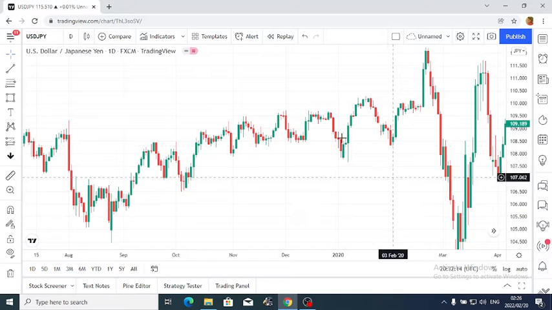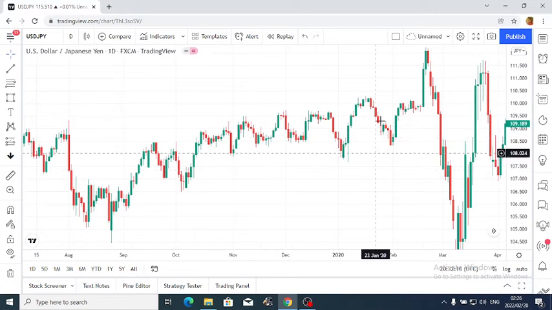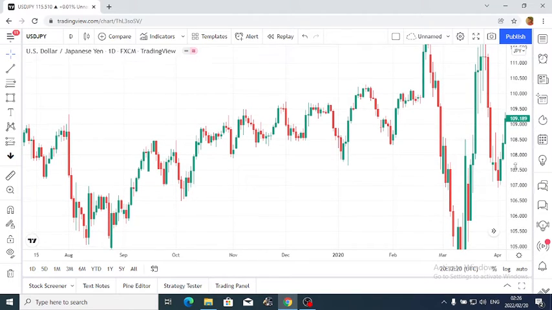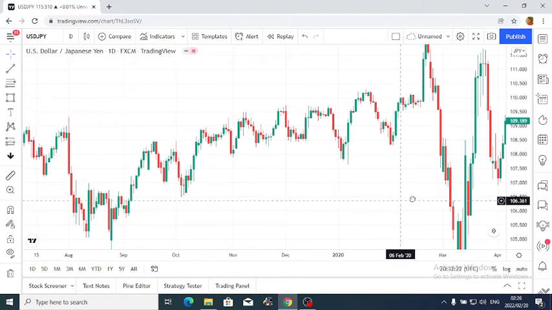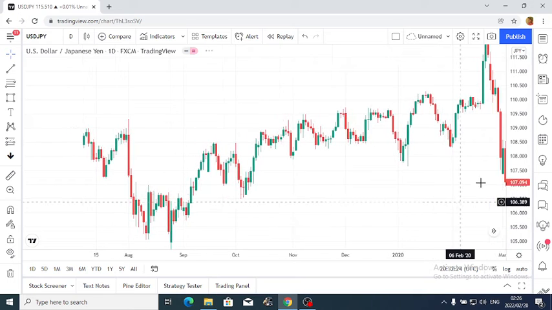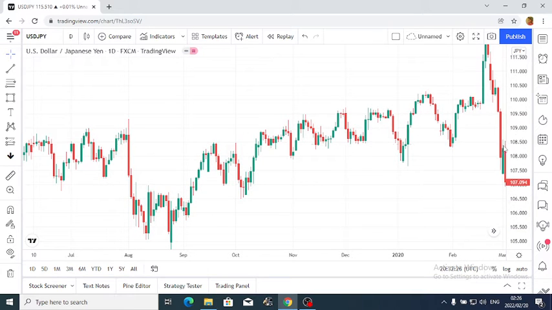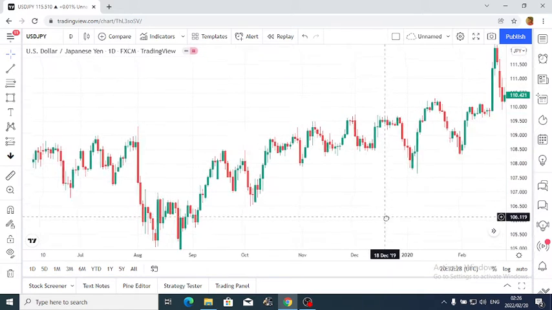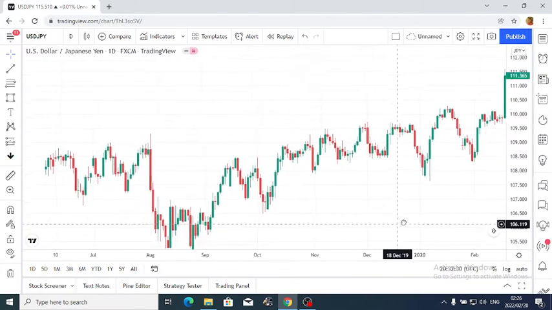I can use all this historical price movement to do support and resistance. As you can see, let me hide my current price. So we are in the markets, right?